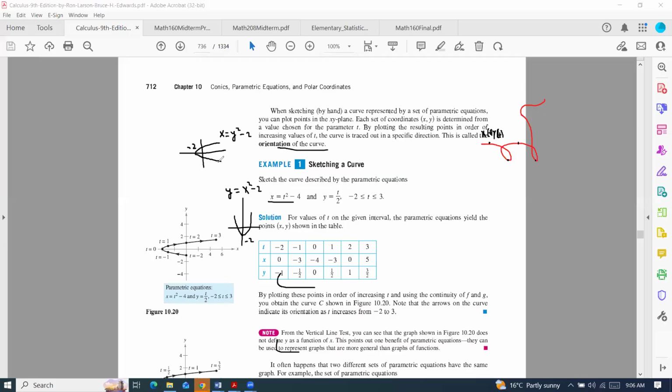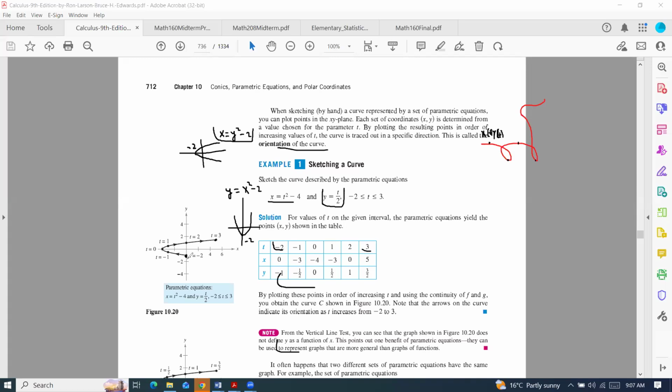And the way they're doing it, they write it parametrically. So they write y is equal to t over 2, and then x is equal to t squared minus 4. They make a picture of a portion of this particular curve in such a way that the parameter is bounded by a first value of -2 and a second value of 3.